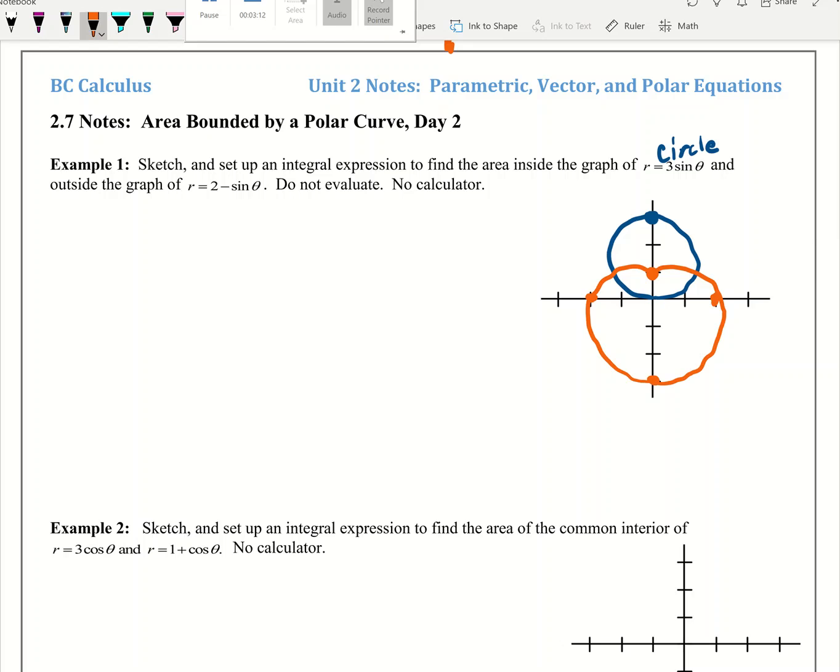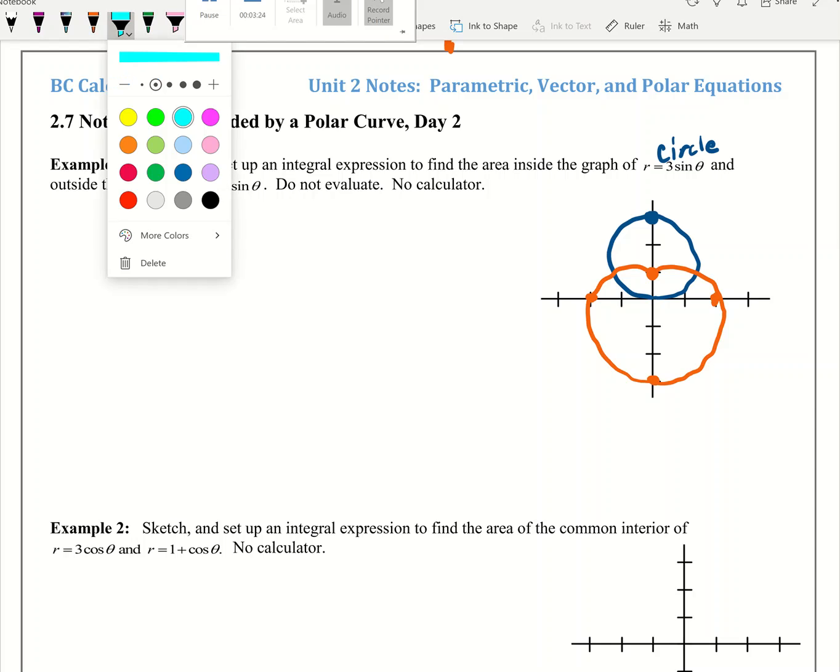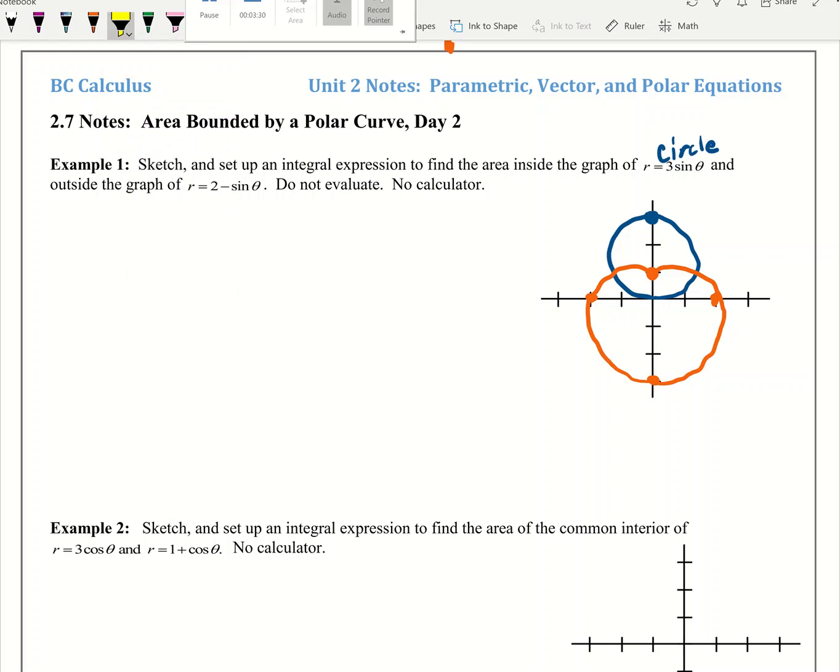Kind of like a cardioid, but a cardioid is always centered on the origin where that dip of the heart would be. Okay, now I'm going to shade the actual region that I want to find. I want to be inside the circle, but outside the limacon. I'm looking at this region right here.